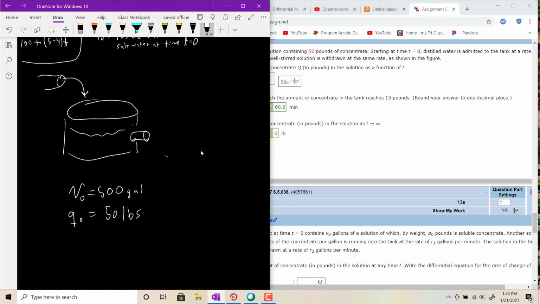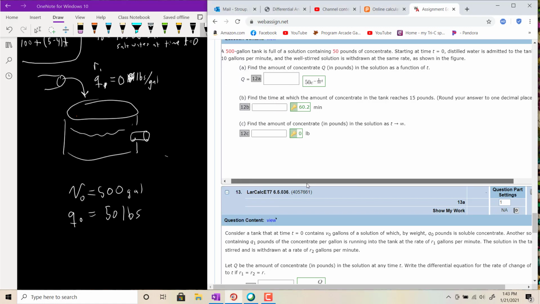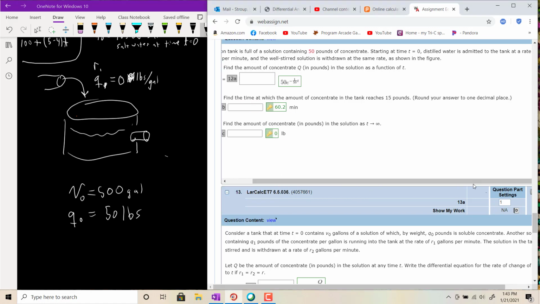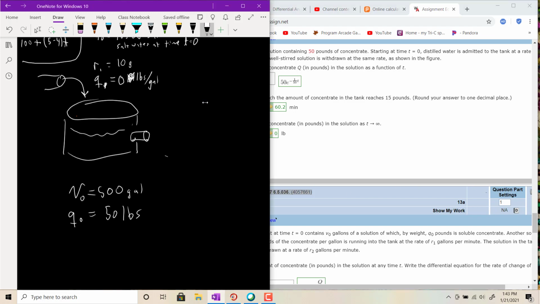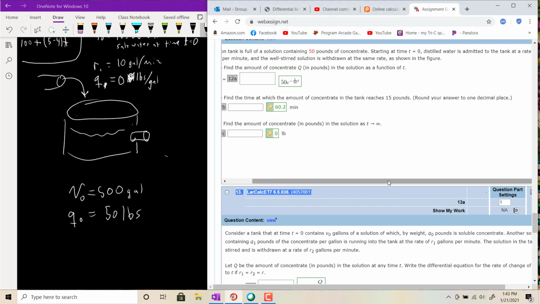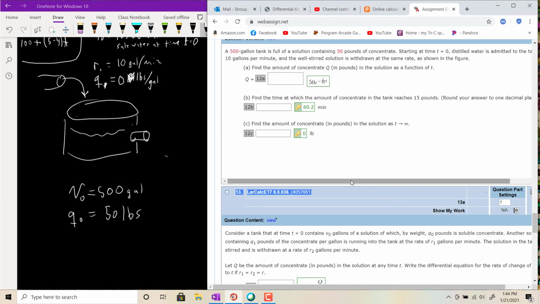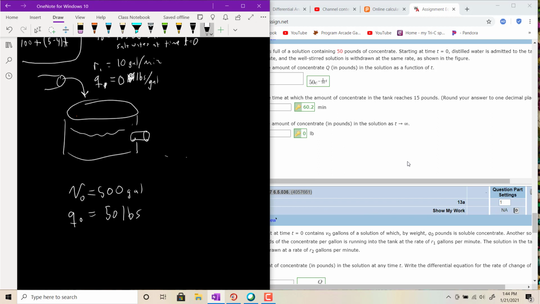So distilled water basically means that your Q sub 1 is 0 pounds per gallon. And then it's saying that the concentrate is coming in at 10 gallons per minute. So R1 is 10 gallons per minute. And then it's withdrawn at the same rate. Okay, so it's coming out also at 10 gallons per minute.